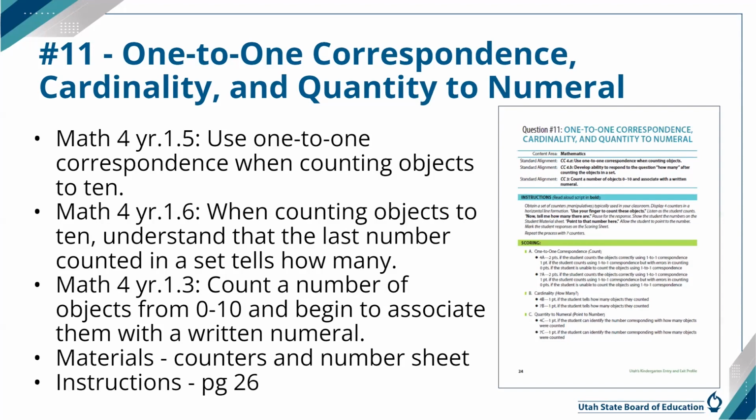Okay, so this question does use the 7 objects we talked about earlier, and it's preferred if they're all the same color. If not, it doesn't significantly change things, but it is helpful. And then also the student material sheet, where there are numbers that the student is pointing to.